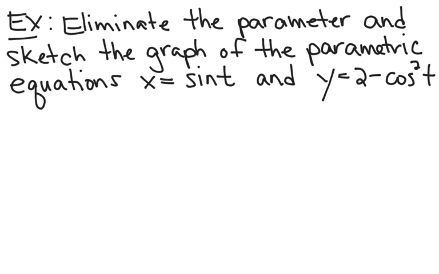Now let's talk about eliminating a parameter when we're dealing with parametric equations with trig functions. So I'm going to eliminate the parameter and sketch the graph of this parametric equation. First of all, you can graph it on your calculator and you'll see what happens. You end up with this graph that looks something like this.